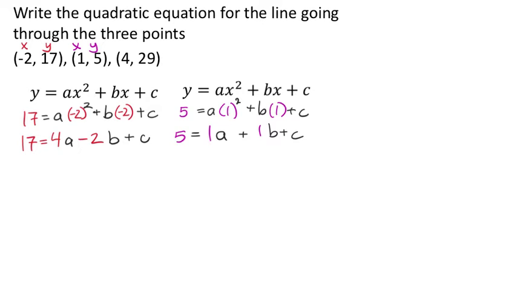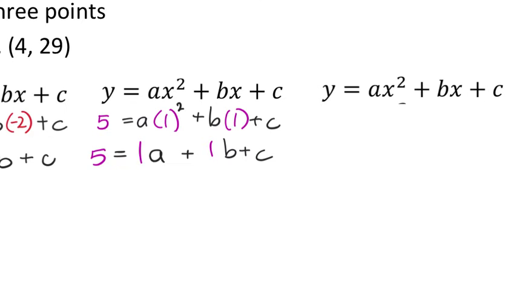But I need my third equation to make it triple the fun. So the third ordered pair, the x is 4, the y is 29. So I've got 29, and then again, all my x's are replaced with 4s. So I've got 29 equals a times 4 squared plus b times 4 plus c.